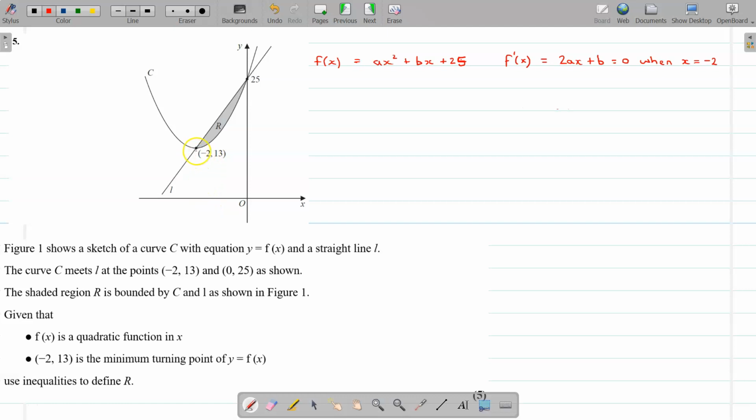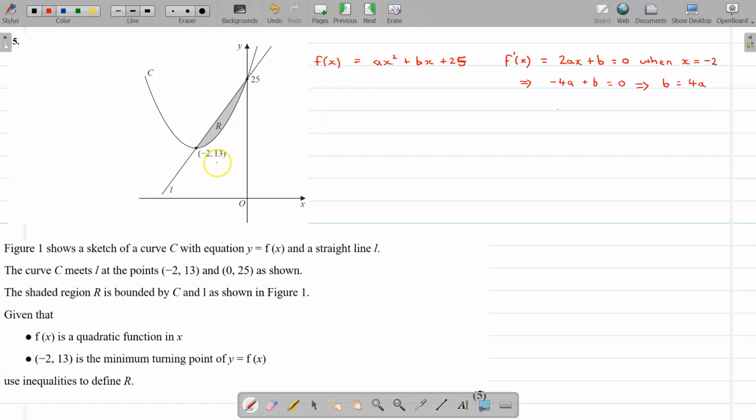It's a turning point. So I can use that information to write an equation linking a and b straight away. So 2 times a times minus 2, that's minus 4a plus b equals 0, which means that b is the same as 4a. Okay, so that's going to be useful in a moment.